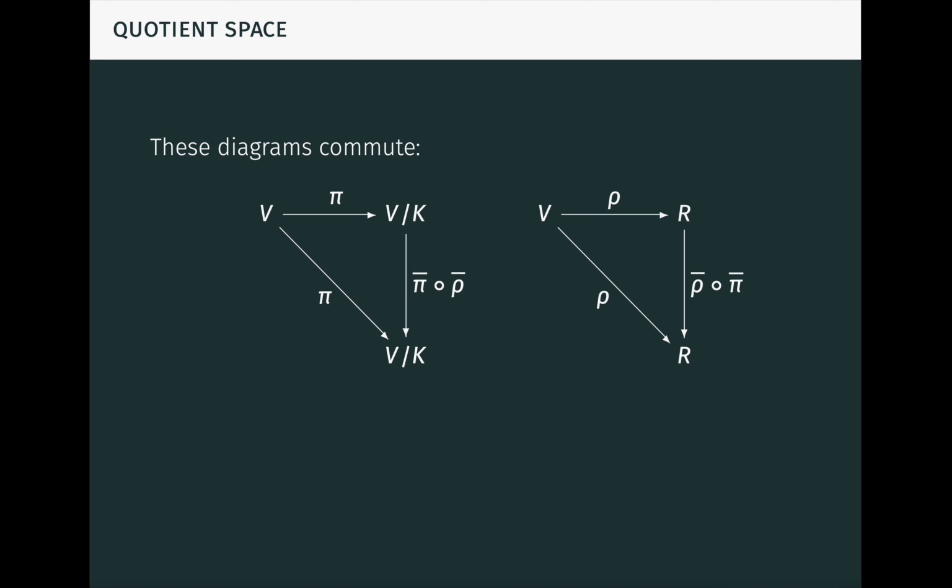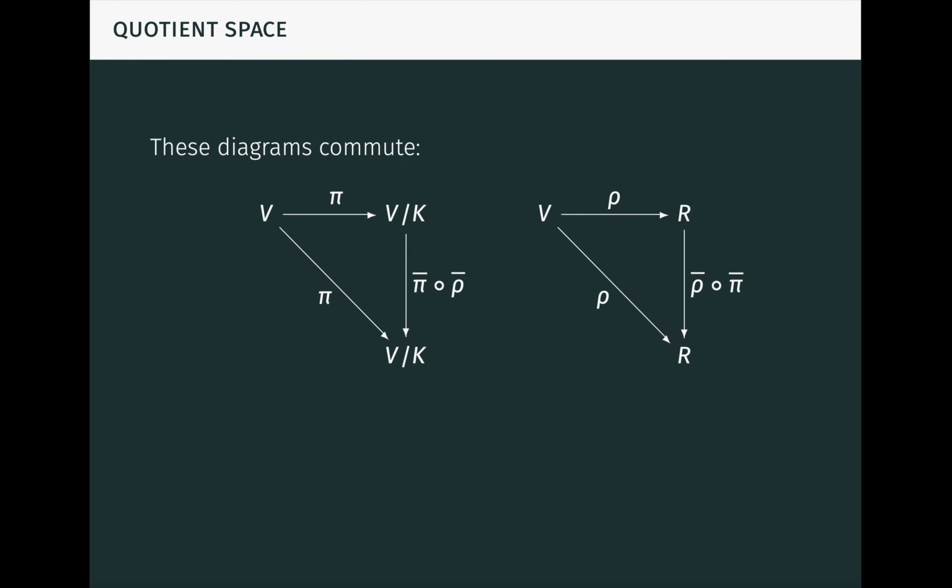Let's focus on the diagram at left and think about the universal property of pi. Recall the universal property of pi says that any linear map that kills K factors uniquely through pi. Here pi is factored through itself by way of the composite pi bar after rho bar. But trivially, pi also factors through itself by way of the identity map.